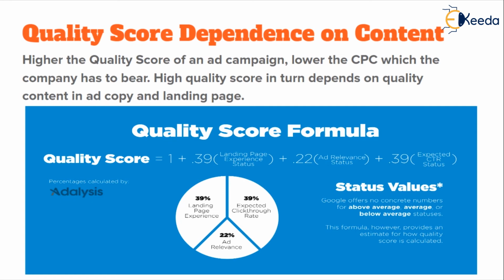and all the other standards that we discussed previously. The remaining 39%, which is the expected click-through rate, comes from how well your website has been performing in organic search as well as over the previous campaigns. So every time you run an ad and you improve your click-through rate, that has an impact on your subsequent campaigns.